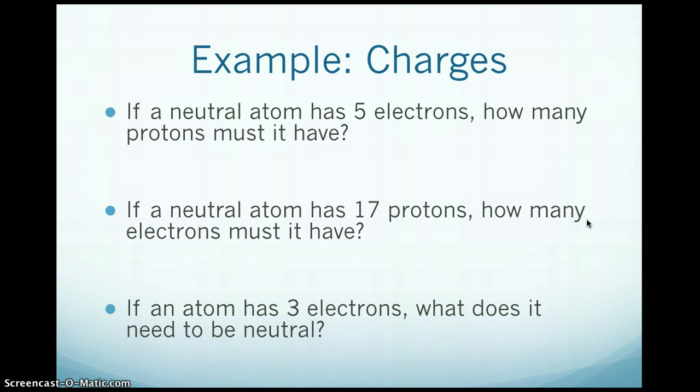All right, you guys can answer these next 2 questions. If a neutral atom has 17 protons, how many electrons must it have? And if an atom has 3 electrons, what does it need to be neutral? So answer those questions in your notebook. You don't have to write down the questions.